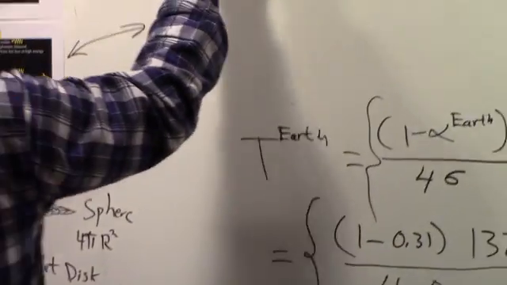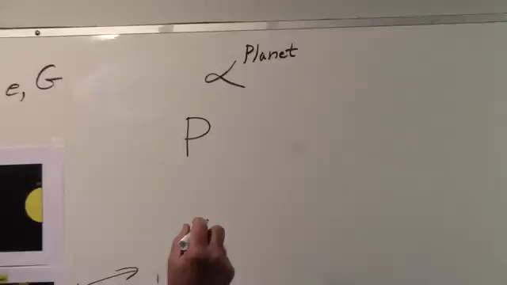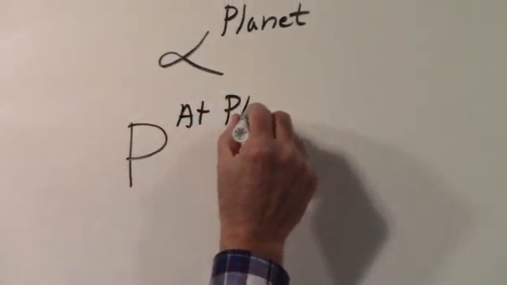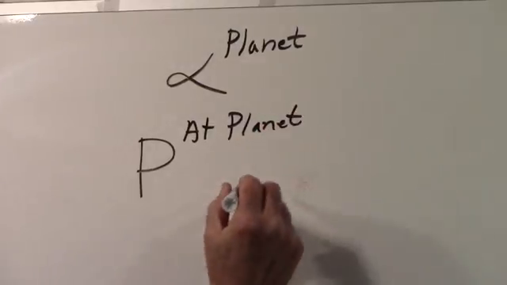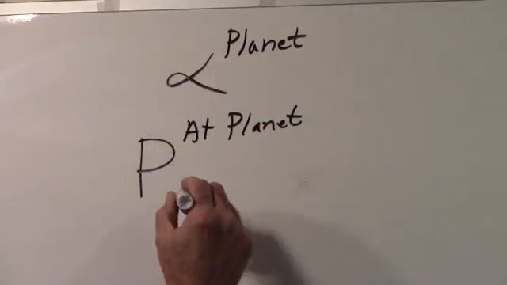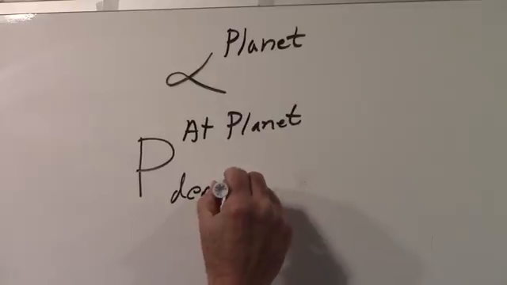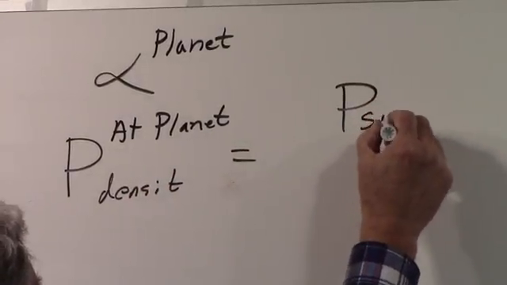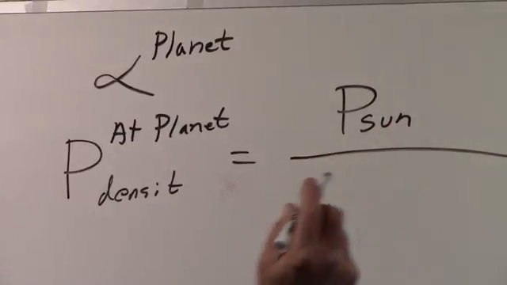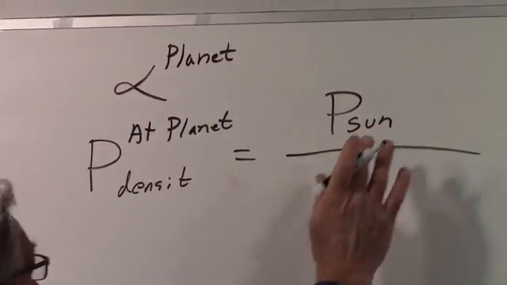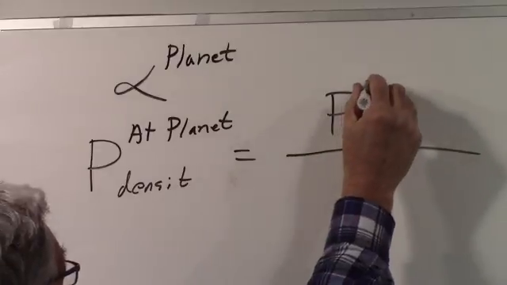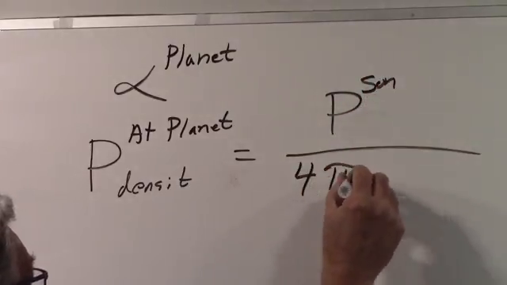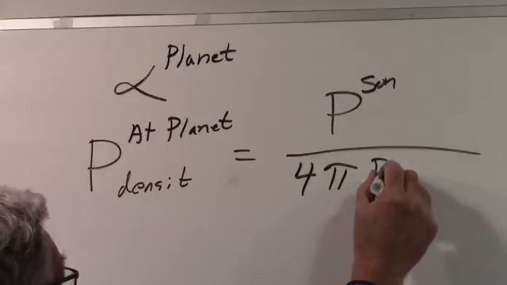So what we could say is that the power at a planet, and this is the density, will be equal to the power of the sun divided by 4 pi r squared.